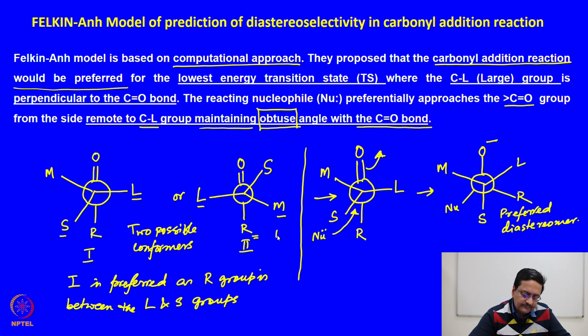In that case, that Nu would approach from this side, which is the opposite or rear side of L, and also makes an obtuse angle. So, you will get a different diastereomer with much lesser amount.